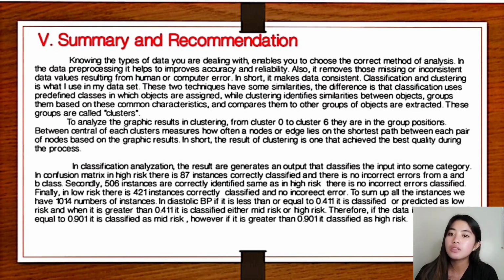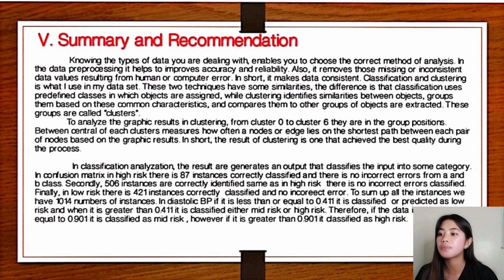These two techniques have some similarities. The difference is that classification uses predefined classes to which objects are assigned, while clustering identifies similarities between objects, groups them based on common characteristics, and compares them to other groups of objects. These groups are called clusters.